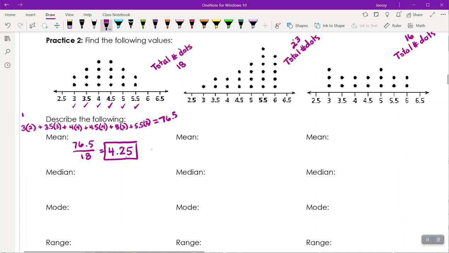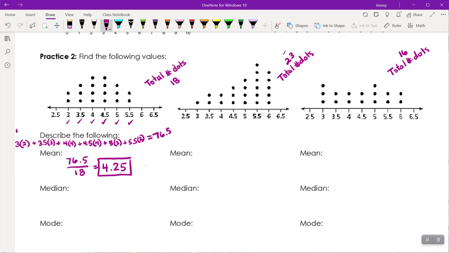All right, so we already know the next one is 23 dots. Let's see if we can do this a little bit different. 3 happens 1 time, clear? 3.5 happens 2 times. 4 happens 2 times. 4.5, 3 times. 5, 4 times.